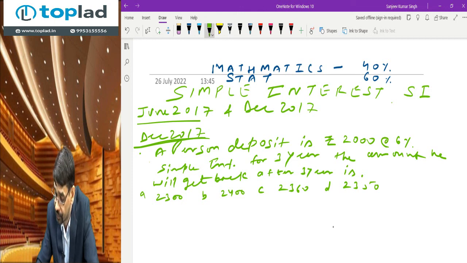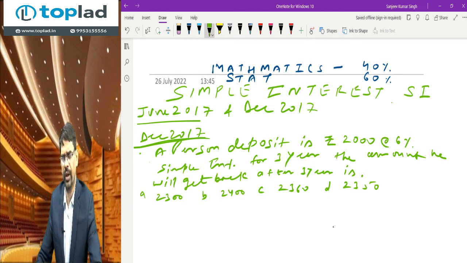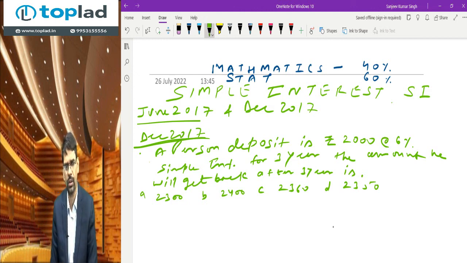Today I already discussed the technique of how to solve the mathematics question. First read at least 2 times, very slowly. Don't be in a hurry, because hurry spoils the curry. Read the question 2 times. Remember the formula. Write the formula, put the numbers and get the answer.